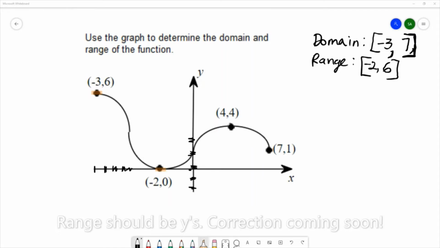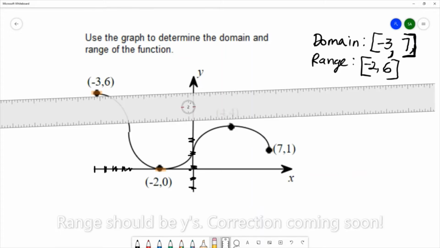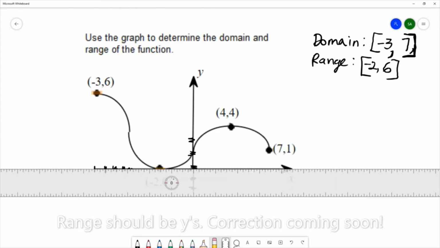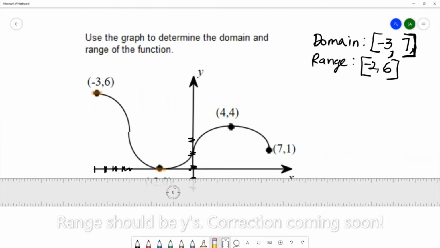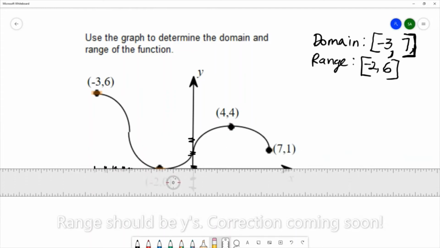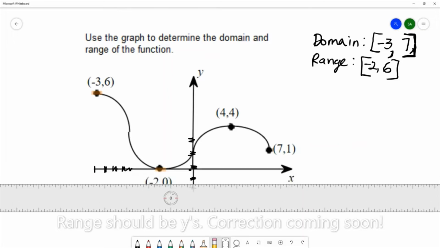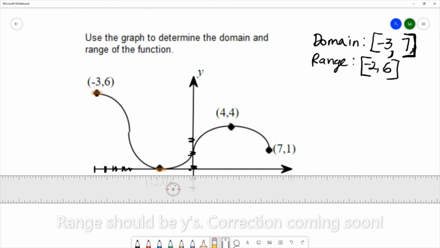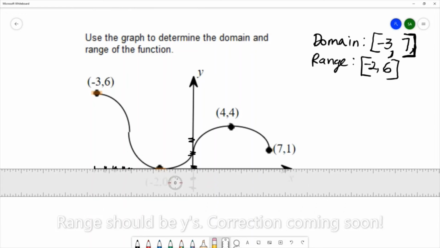Okay, I just had it pointed out that there's a mistake in my work here, and I want to go back and explain what I did wrong. When I went from bottom to top, I said the range starts right here because that's where the first time I hit the graph is, and the range are the y values.